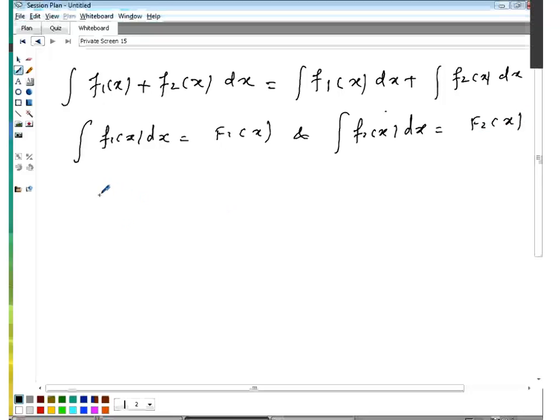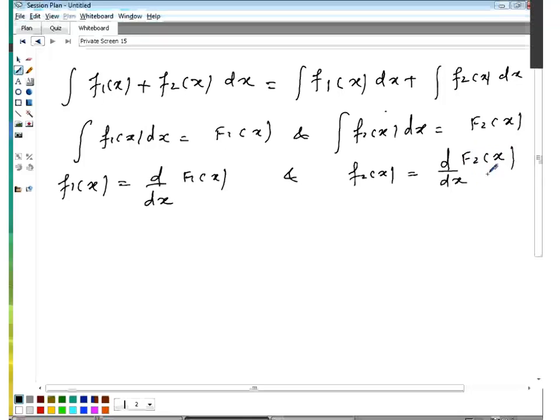So from the definition, we have F1(x) as this, and from definition F2(x) equal to this, right?